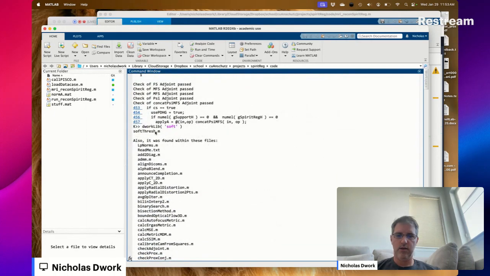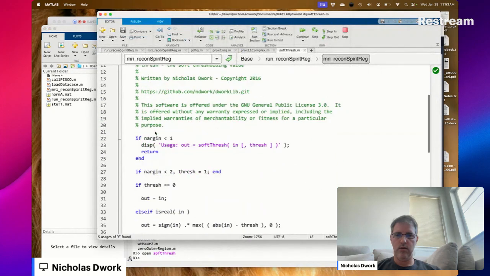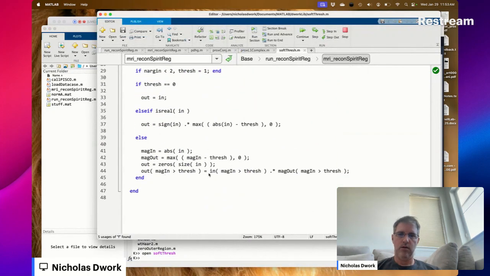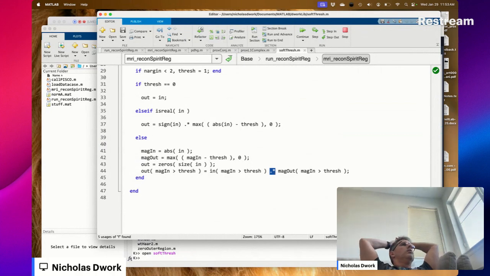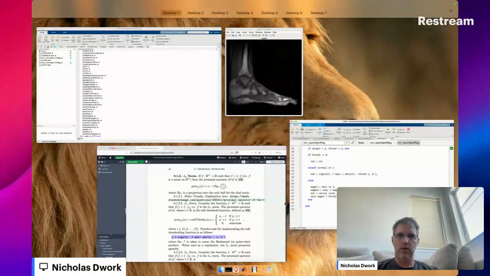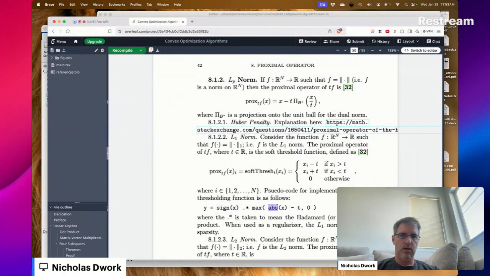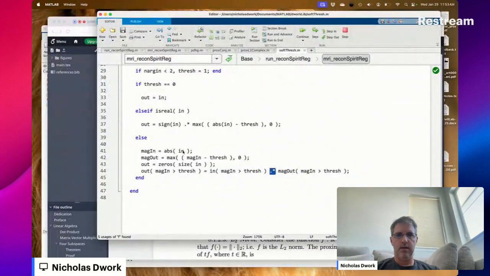Okay. Times mag out? I don't think so. This is mag out minus... C minus... Oh.